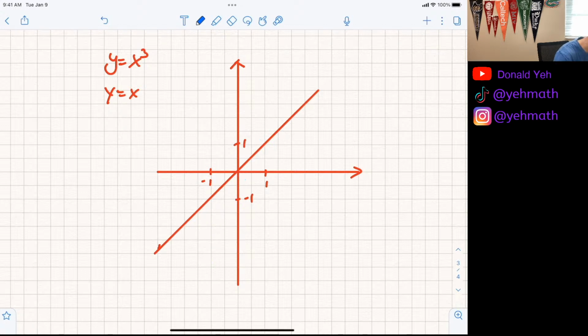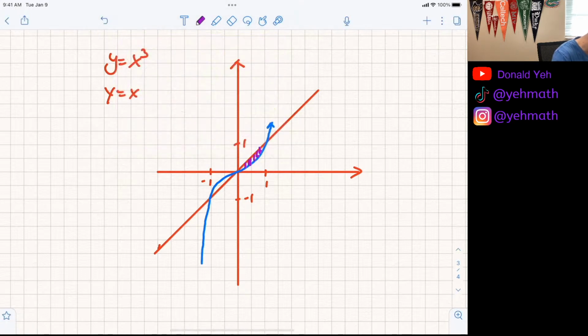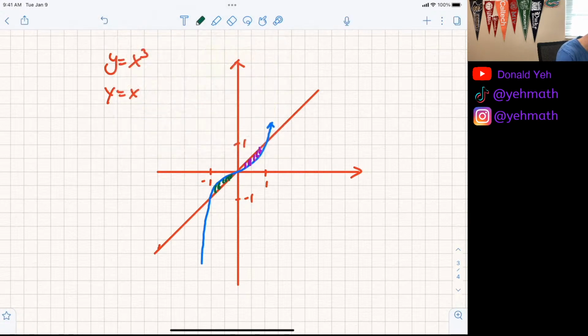So there were 2 areas here: a purple area and a green area. Now if you want to do it properly, the blue one is f of x, and this is g of x.